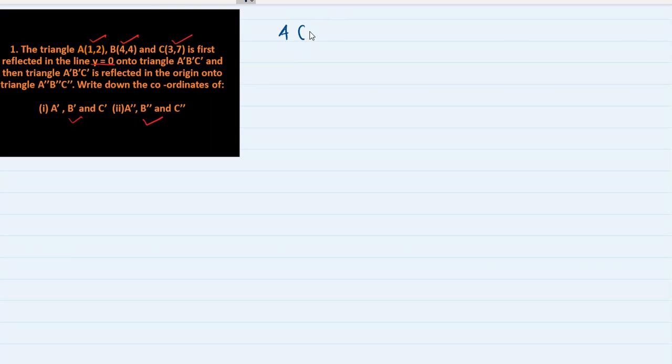Now we know that point A, which is (1, 2), a vertex of the triangle, is first reflected in the x-axis. So it becomes A dash, and its coordinates, as we know the x coordinate does not change, the y coordinate becomes -2, meaning it changes its sign.